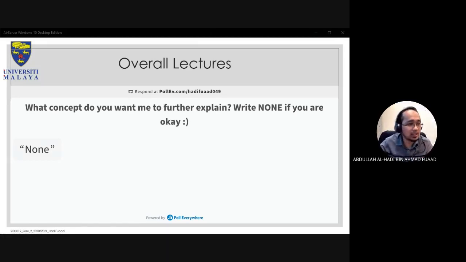Now, for the first question, before I go into the real ones, I think I activated this. Please go to your Poll EV app. Today is the 12th of 4. If you want me to explain any concept that was covered, you can go to your Poll EV app now, and as usual, pollev.com if you are using a web browser, /hadifuad049.